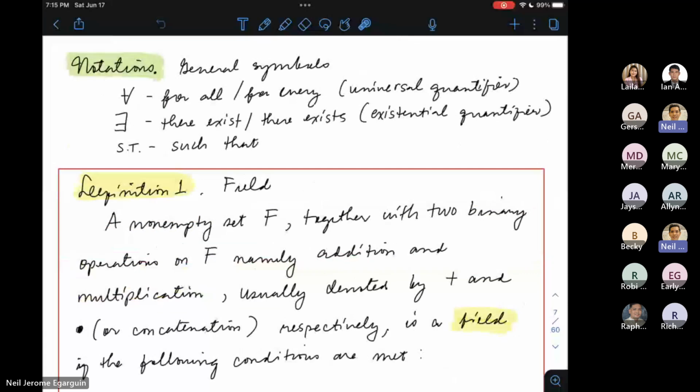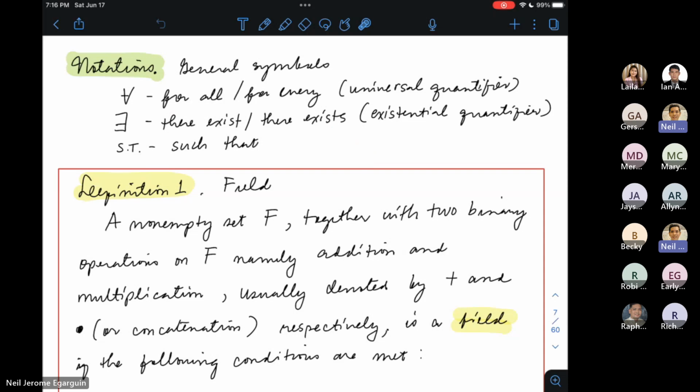And I don't know, for the non-math majors, I am very fond of notations. So I'll throw again a bunch of notations for you guys. If I write an upside down letter A, we read this as for all or for every. We call it a universal quantifier. All right. So ibig sabihin lang to, for all, whatever will follow. So if I write this, that means for all x.